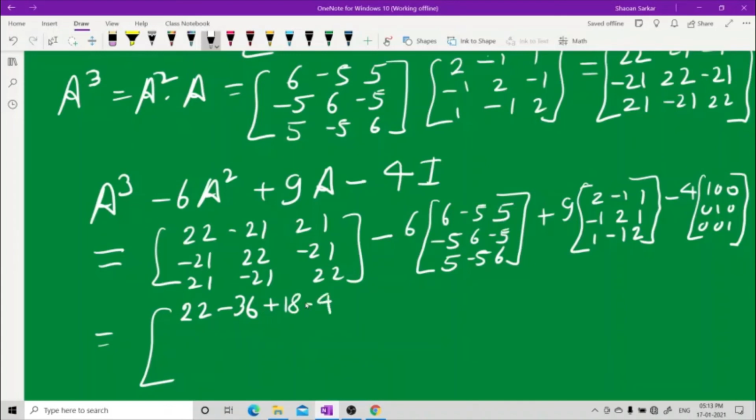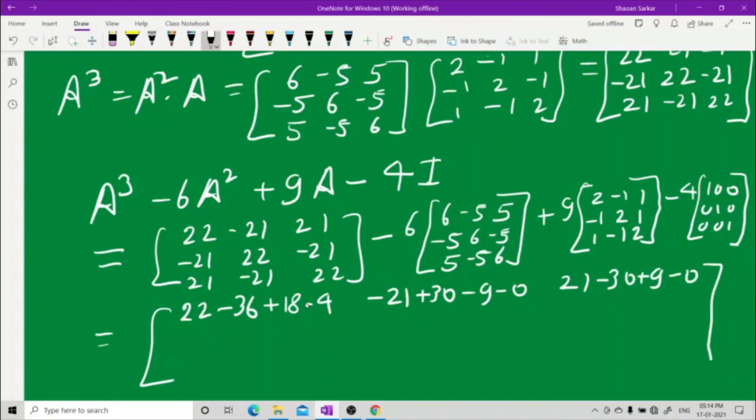Then you have your minus 21 plus 30, then you have your minus 9 and 0, minus 0. Then you have your 21 minus 30 plus 9 minus 0.